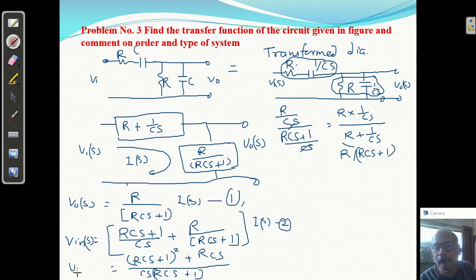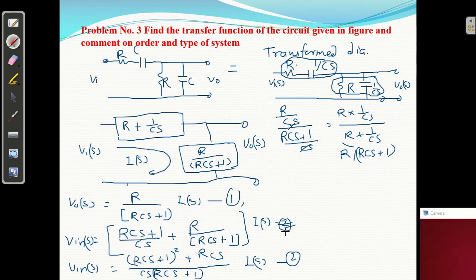That is V in of S into I of S. This is equation number 2. I'm modifying it. Okay, let us say this is 2. Now from here we know V out of S, equation number 1. We know V in of S, equation number 2. If you take this upon this, I of S will be cancelled.